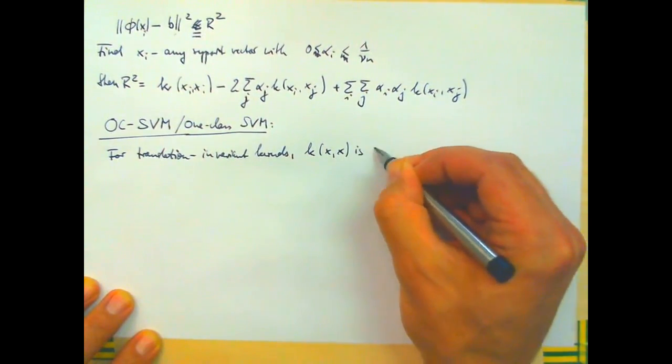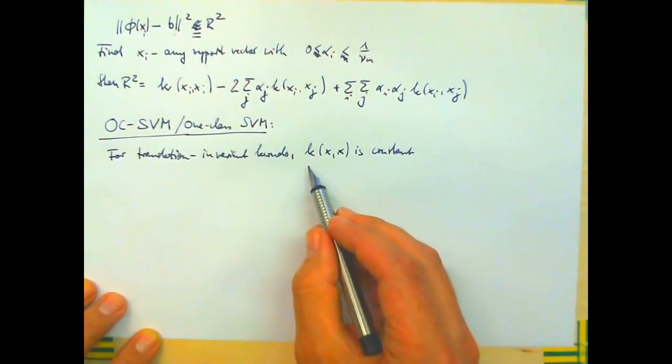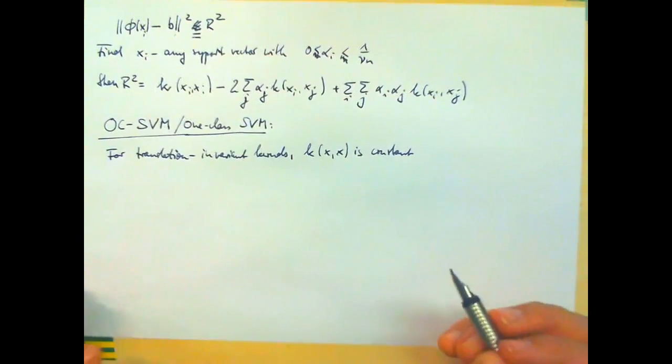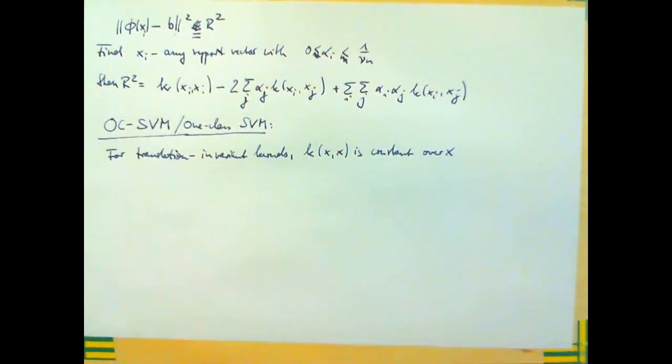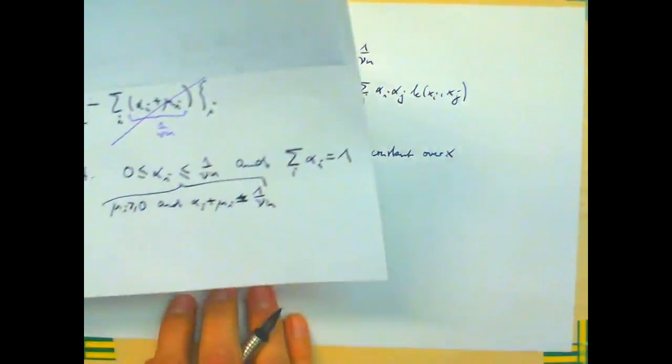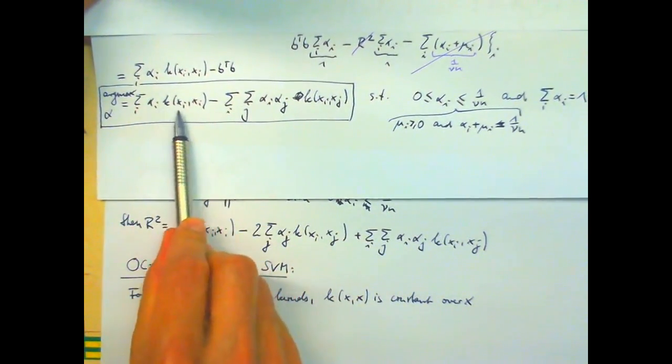So whatever position x we put in there, the k(x,x) is constant. And if you glance at our optimization problem again, here we had the kernel evaluated at x_i and x_i.